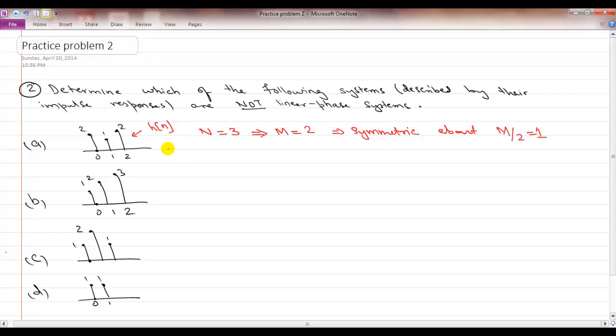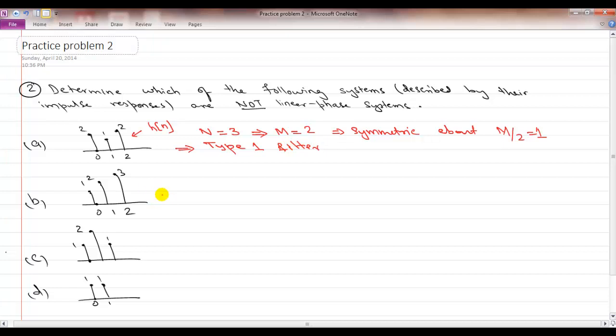What kind of a filter is this? This is a type 1 filter. Odd length and symmetric about the middle, M by 2. So this is a type 1 filter and this is linear phase.